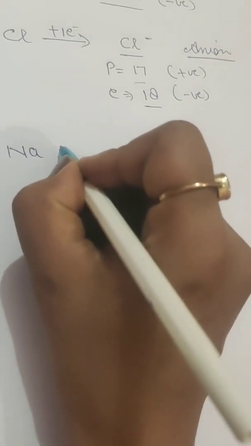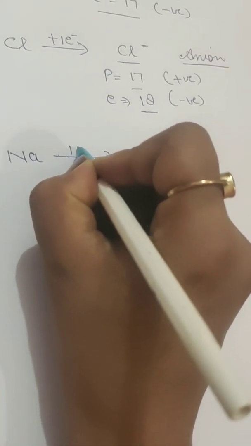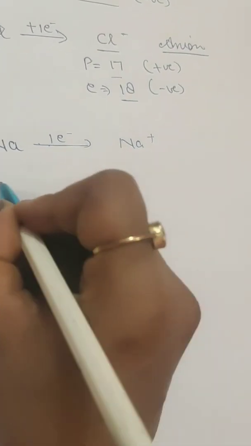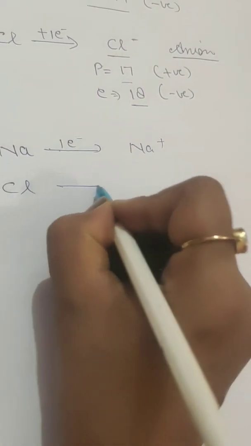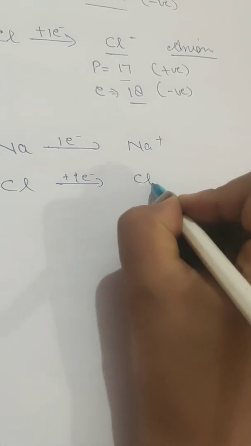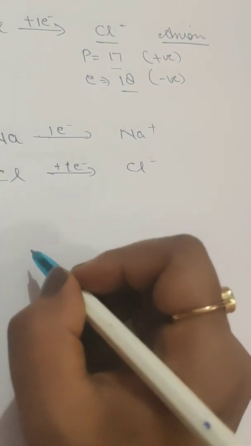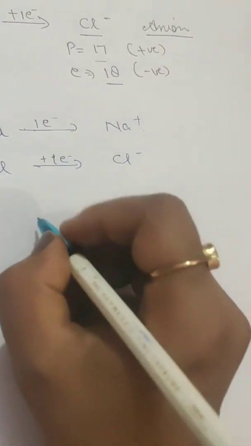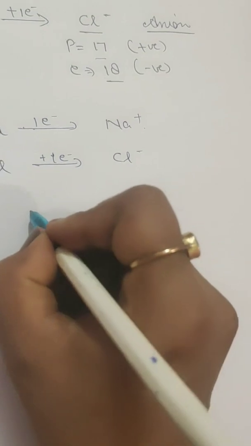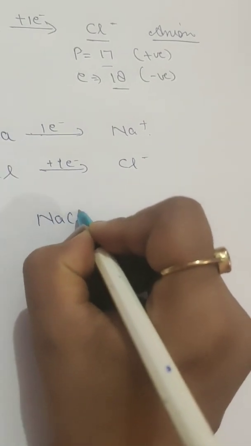When sodium gives 1 electron it forms a sodium ion, and chlorine accepting 1 electron forms a chlorine ion. So sodium will give this electron to chlorine, and chlorine will accept it, and they will form a compound called NaCl.